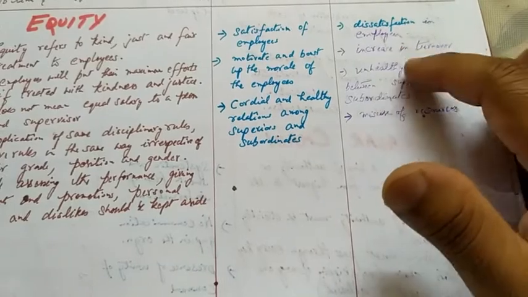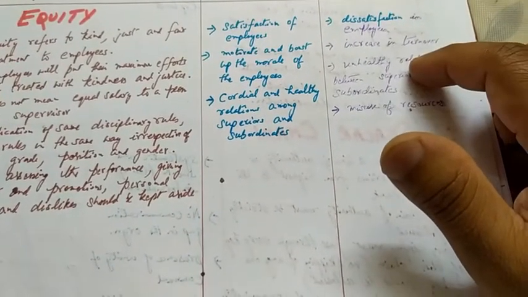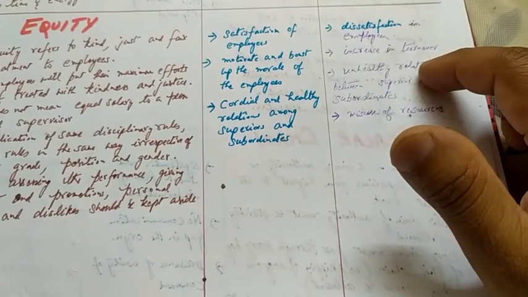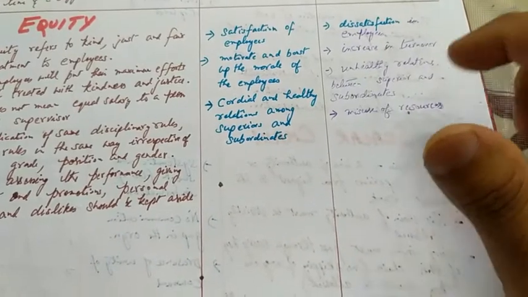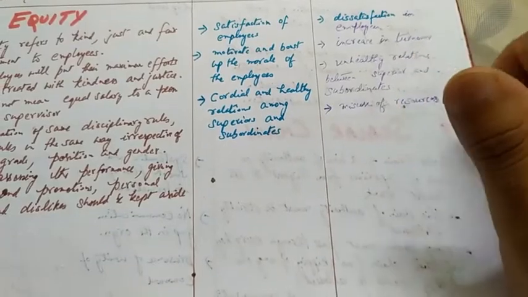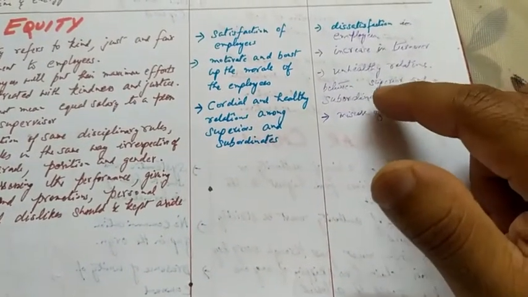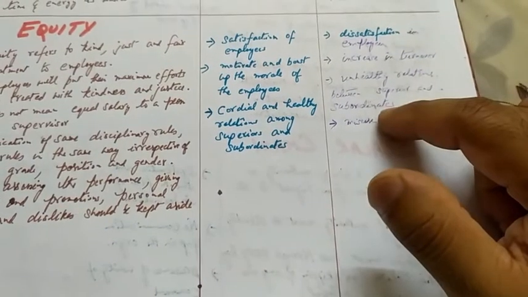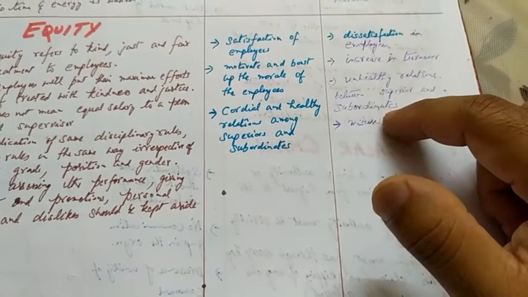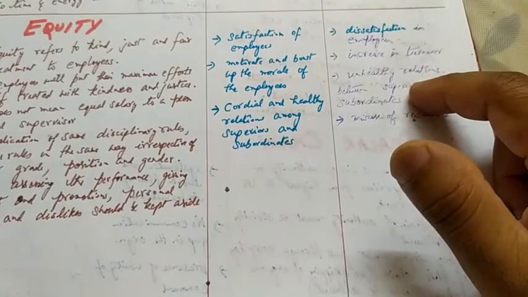There will be an increase in the labor turnover. If they are dissatisfied, not happy with their work, or not happy with the space they are given in the organization, they will feel like cutting away from the organization. So there will be an increase in the labor turnover. It may lead to unhealthy relations between the superior and subordinates. There will always be tension between superior and subordinates if the subordinates are not given fair treatment by the superior.